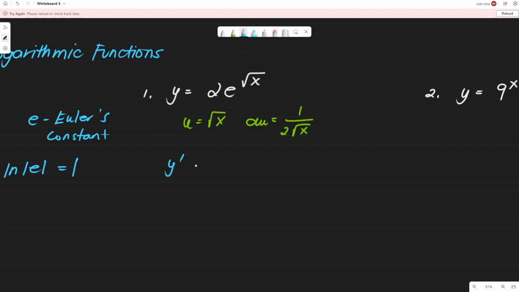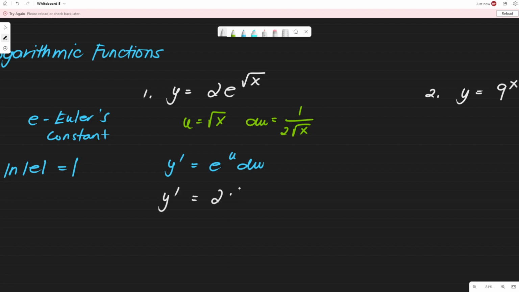So y prime is equal to e^u du, di ba? So you will have y prime is equal to 2, that is our constant, di ba? Remember, pag constant lumalabas lang.